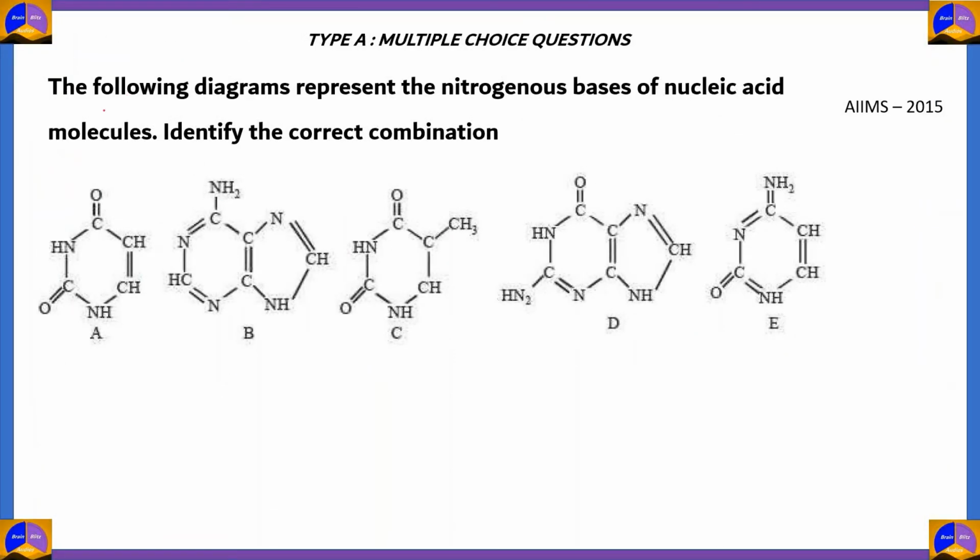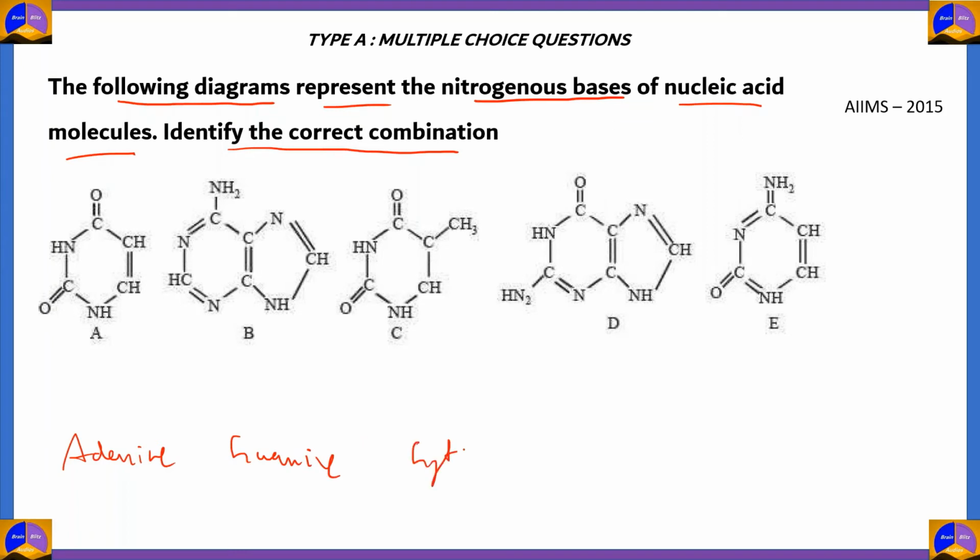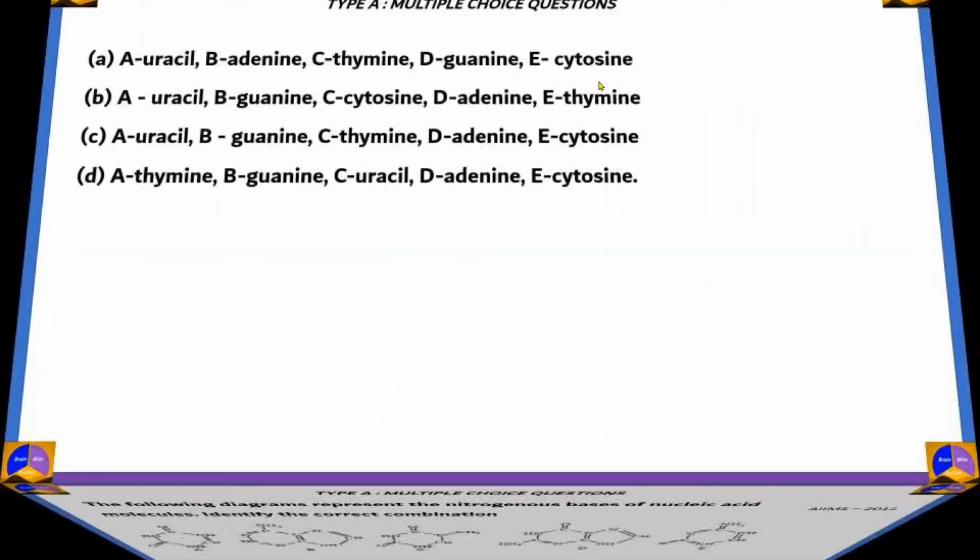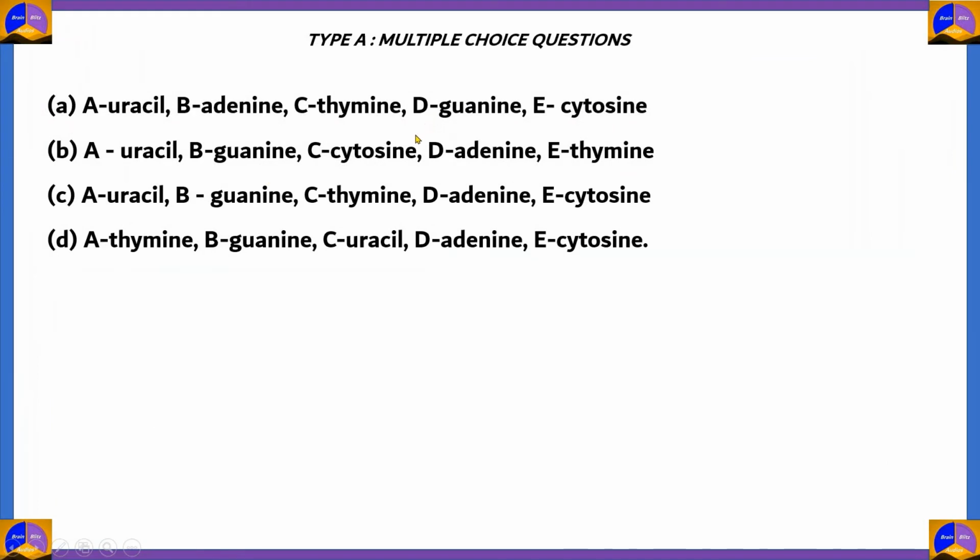Next question. The following diagrams represent the nitrogenous bases of nucleic acid molecules. Identify the correct combination. So the 5 bases are adenine, guanine, cytosine, thymine, and uracil. And we have given them in different combinations.